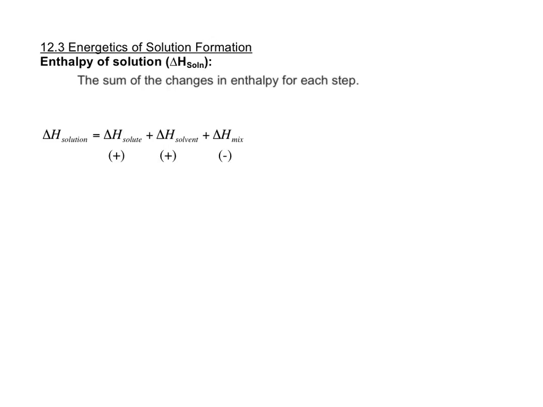So when the solution forms, we're always going to have some new interactions that form, and it just depends on whether those interactions are greater than or less than the interactions we had to break in order to make the solution.